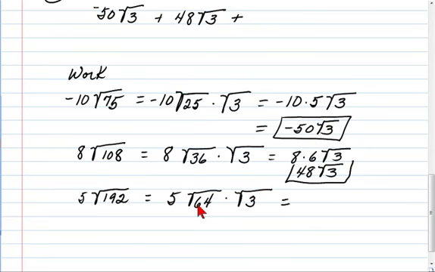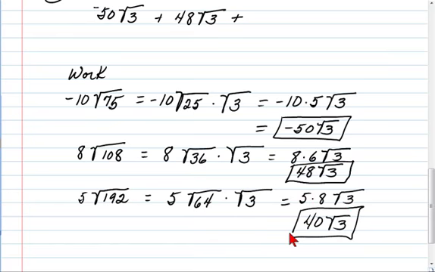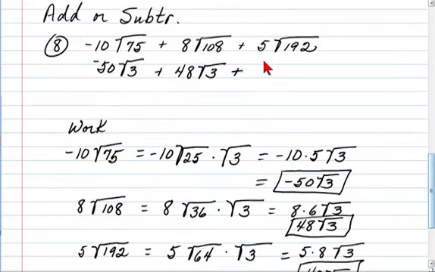Don't always count on that though. I have all square roots of 3 here, but that doesn't by any means always happen. But in this problem, it's 5 times 8 times the square root of 3, or 40 times the square root of 3. Back up to my problem. 40 times the square root of 3.